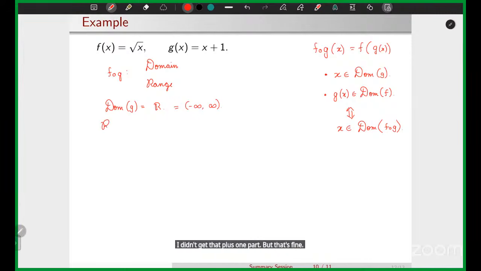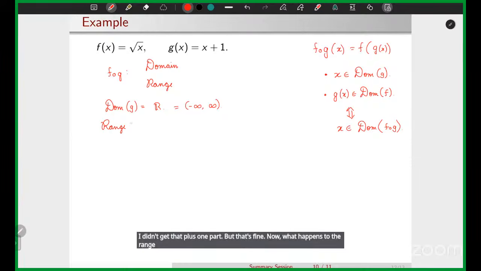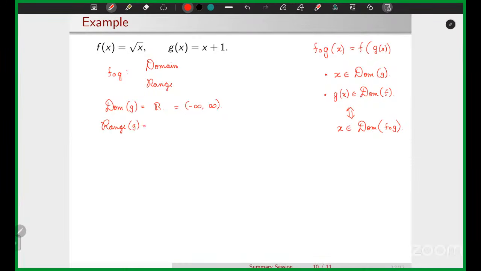Now, what happens to the range of g? What is the range of g? This is also R, because you're not just taking positive values.